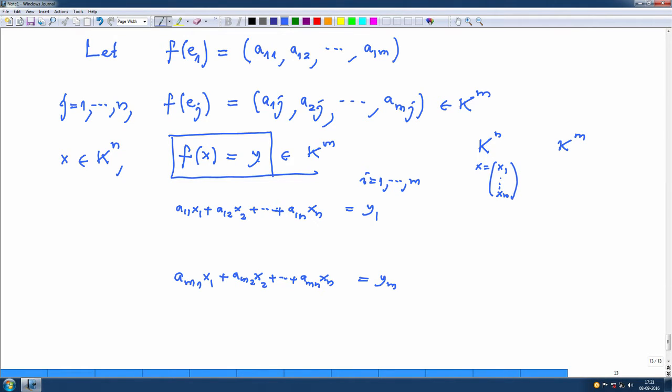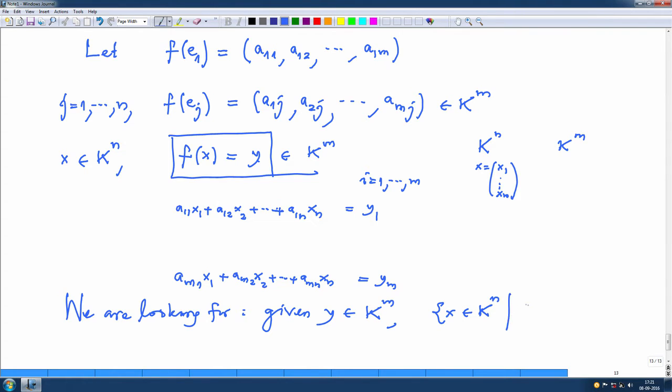So, what are we looking for? Given y, fix y in k power m. We are looking for all those x in k power n such that f of x equal to y.